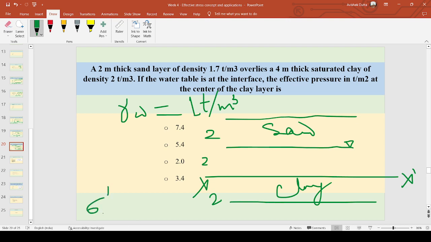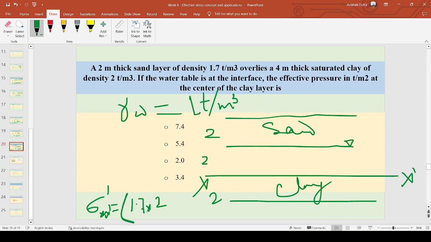So now the value of effective stress at this level, sigma dash, will be equal to, firstly the pressure due to the sand layer, that is 1.7 into 2, then the clay layer up till the mid layer, plus the clay has a density of 2, so 2 minus gamma W, which is 1, is the gamma submerged value we get, into 2.